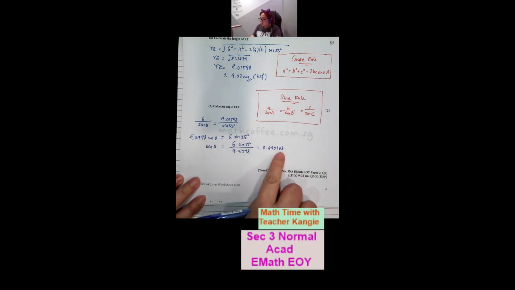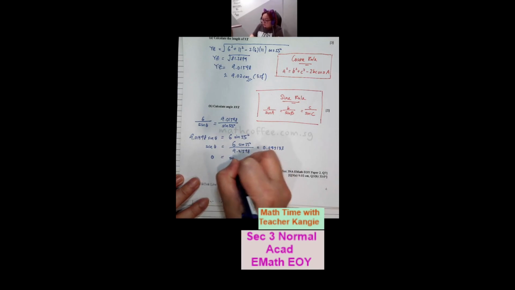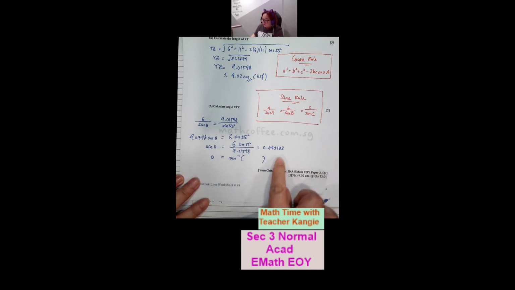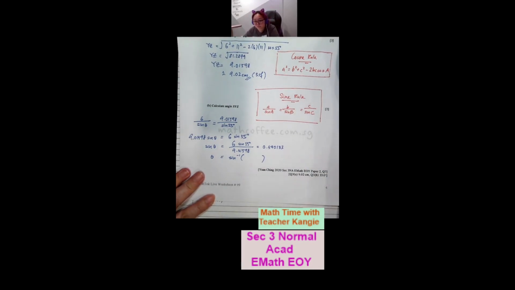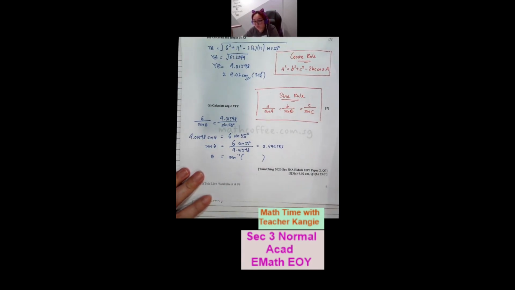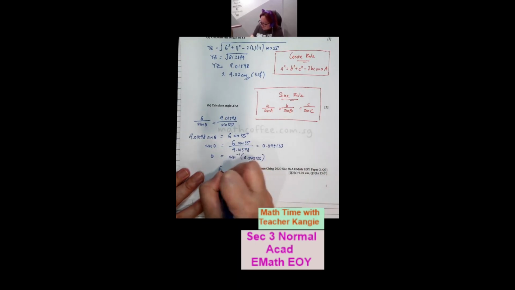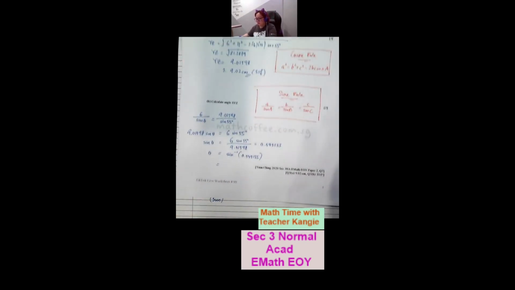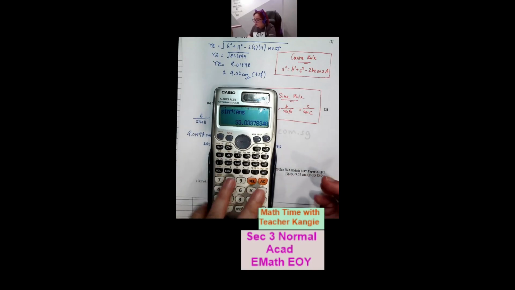So sine theta equals to this. Now I want to find the theta. I'll just do sine inverse, sine minus 1. Yes, that's called inverse. So 0.545133 equal, then I do sine inverse.